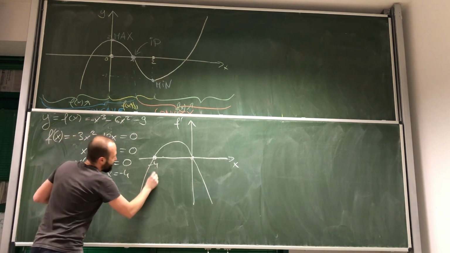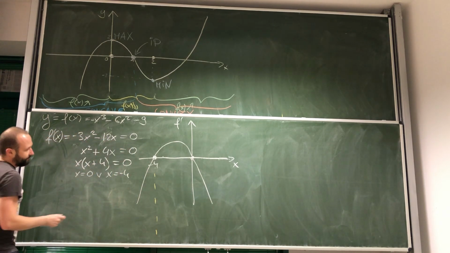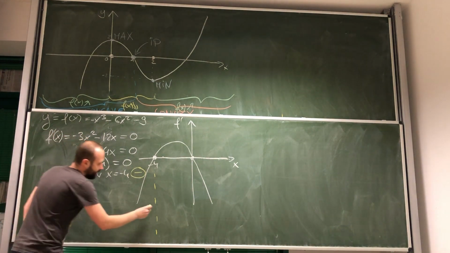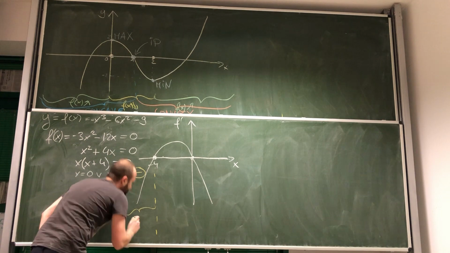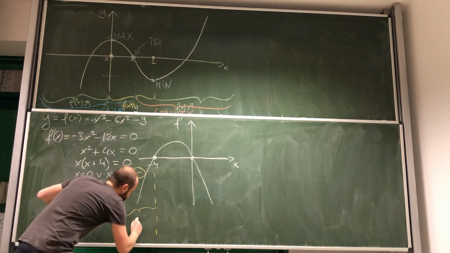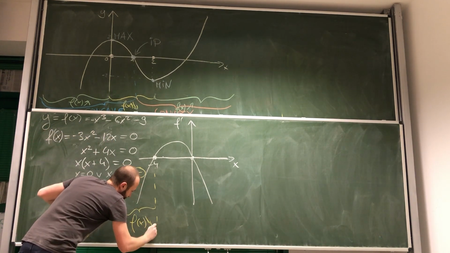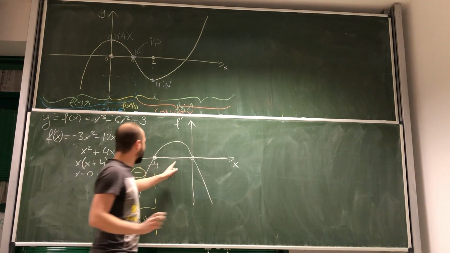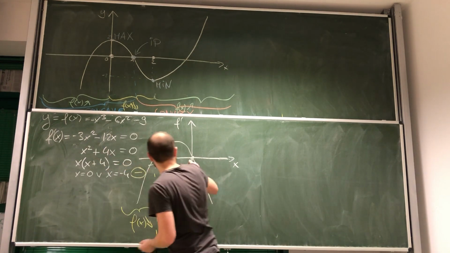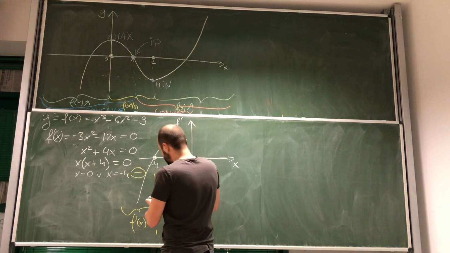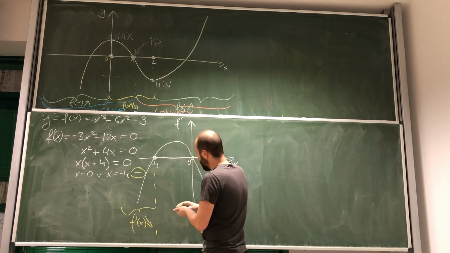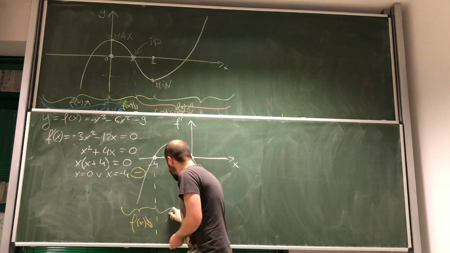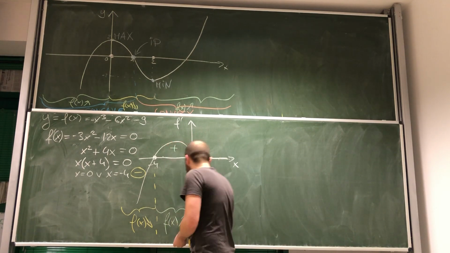That, look, between negative infinity and negative 4, function has a negative slope, which means that the function is decreasing. Then, between negative 4 and 0, the value of the derivative is positive, which means that in between those two values, our function is going to increase.